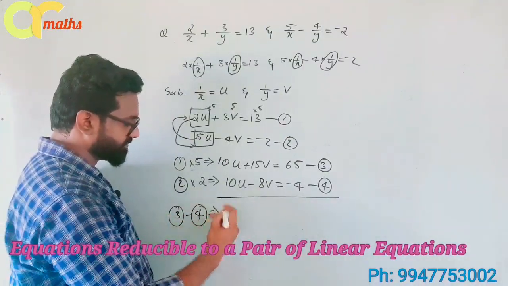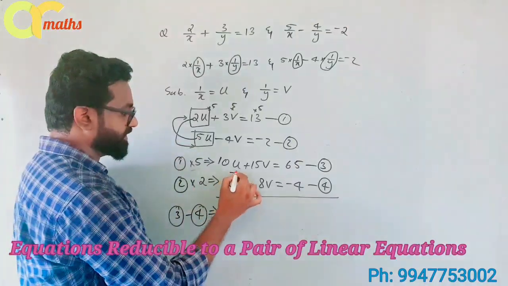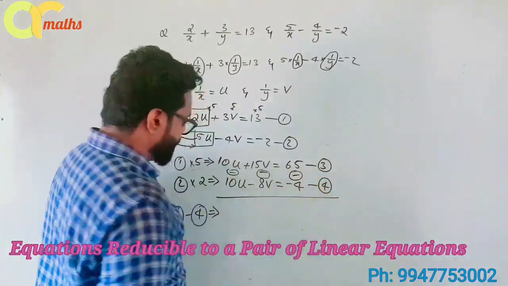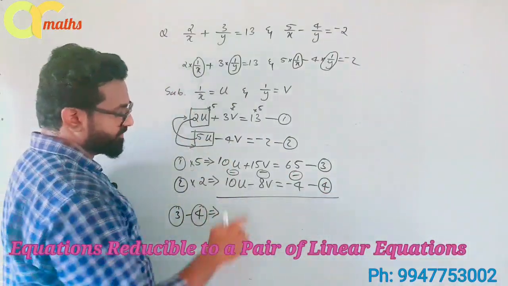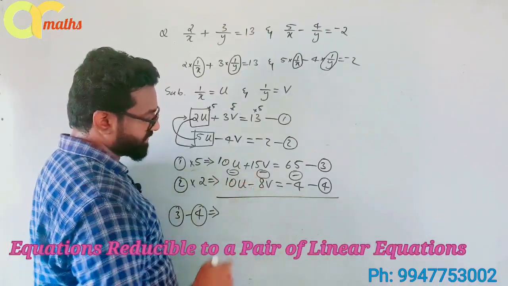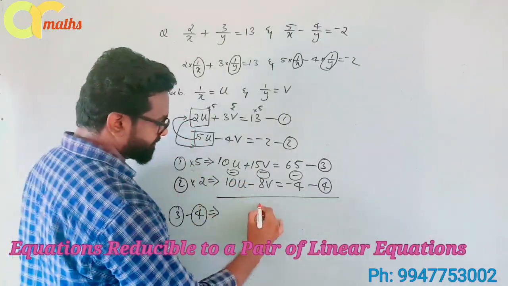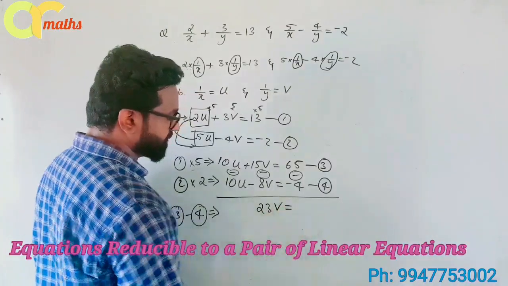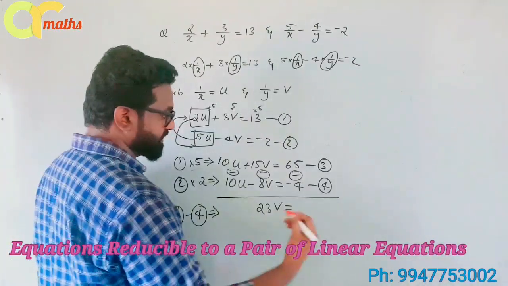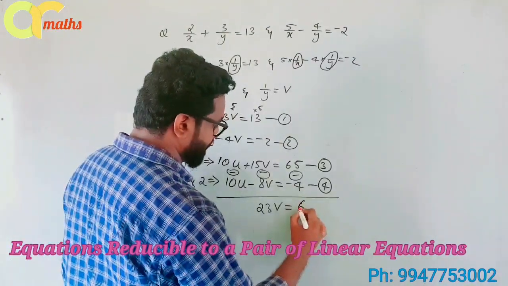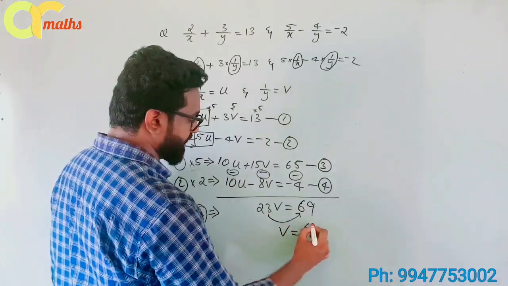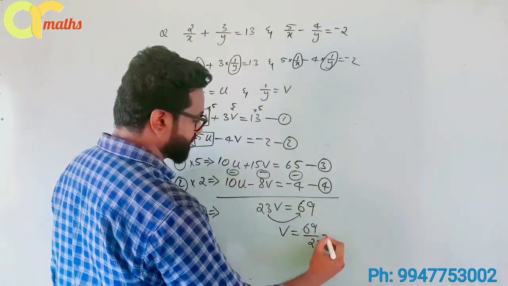What is the answer? 10u minus 10u is 0. 15v minus 8v, so negative positive, so 23v equal to 65 minus 4, that is 65 plus 4, that is 69. So v equal to 69 divided by 23, that is 3.